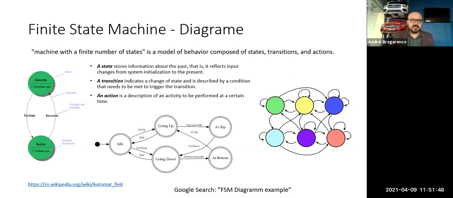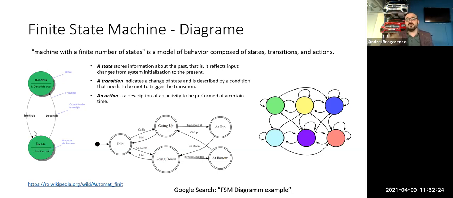Let's say this is the state machine diagram for a market entrance, automatic open and close, and we will have two transitions: the transition from close to open, and the transition from open to close.